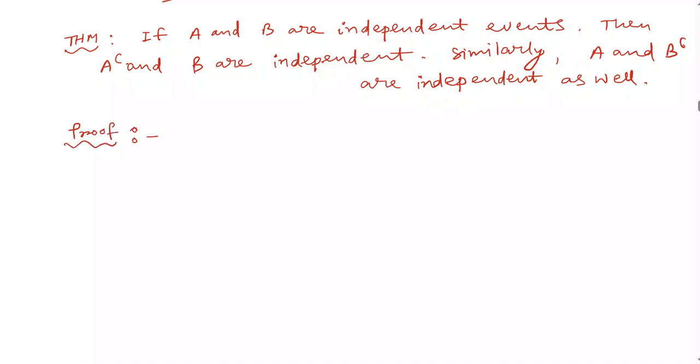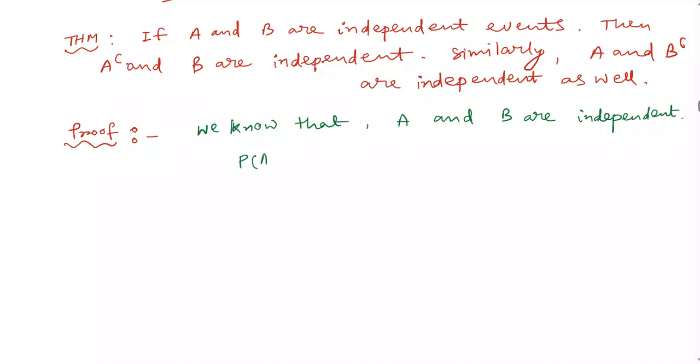Okay, so how do we prove this? Proof: we know that A and B are independent.